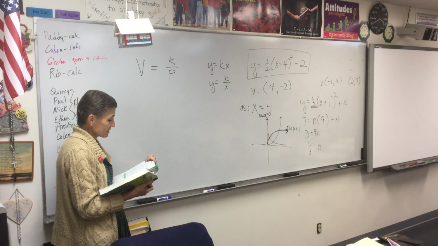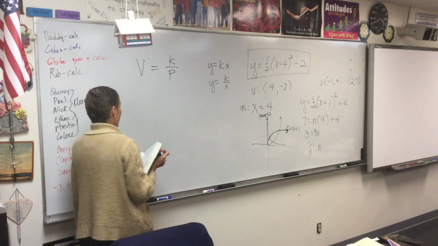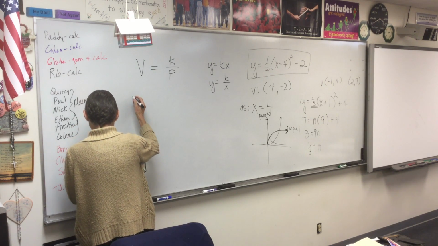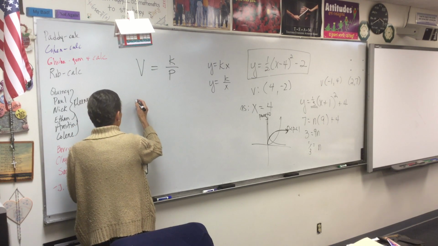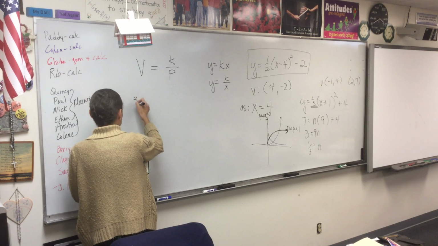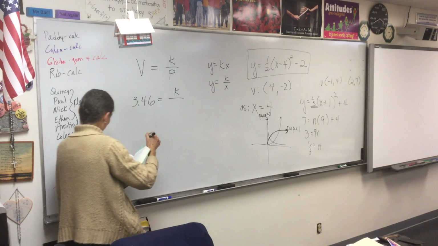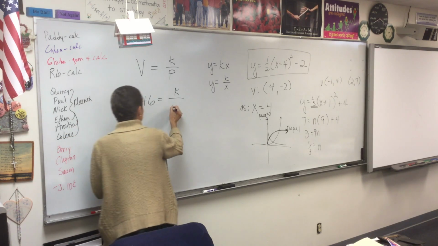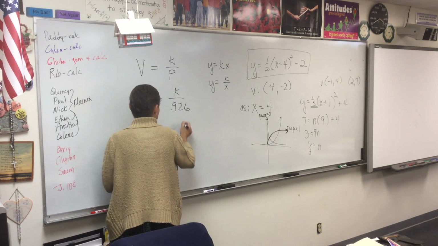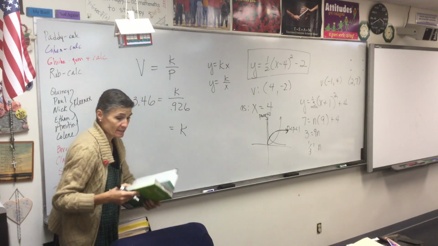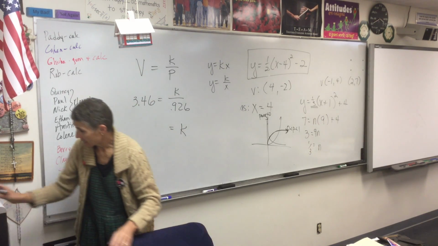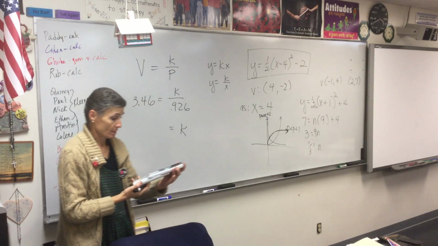What's the 3.46? Volume. That's fine, that's liters, that's volume. So 3.46 equals K over, what is the pressure? 0.926. So that is going to allow me to solve for K. Would you agree?